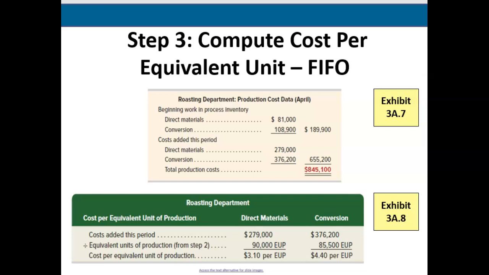To compute the cost per equivalent unit, we take the direct materials and conversion costs added this period and then divide by equivalent units of production from Step 2. Exhibit 3A.8 shows this separately for direct materials and conversion. The cost for direct materials is $3.10 per EUP, and for conversion is $4.40 per EUP.